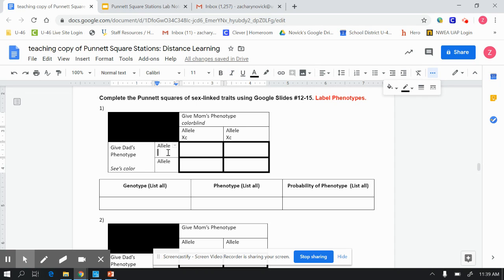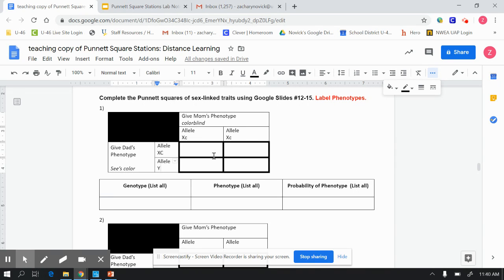Allele: X uppercase C, because that person sees color, and then Y. We don't put anything on Y here because color blindness is carried on the X chromosome.